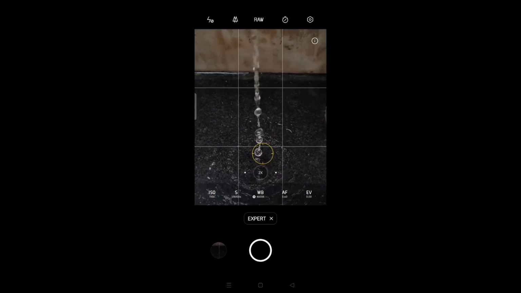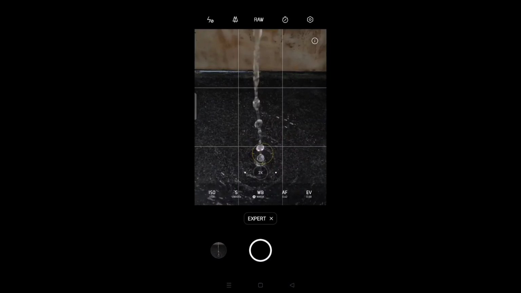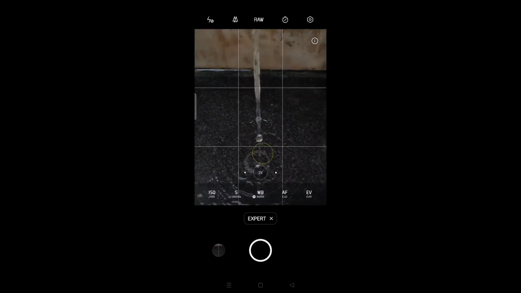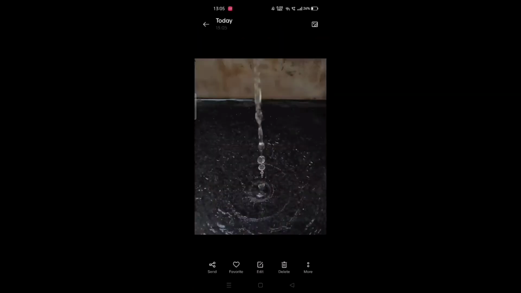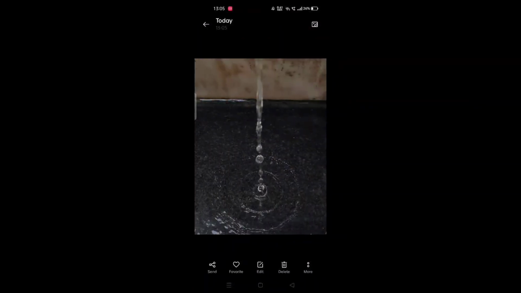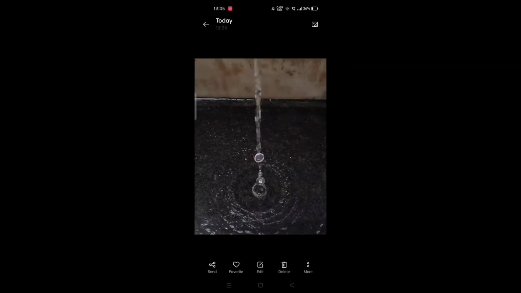Now sometimes when you increase the shutter speed to capture fast moving objects, the image gets darker. You can balance the exposure by increasing the ISO. Look at these images, these are beautiful.